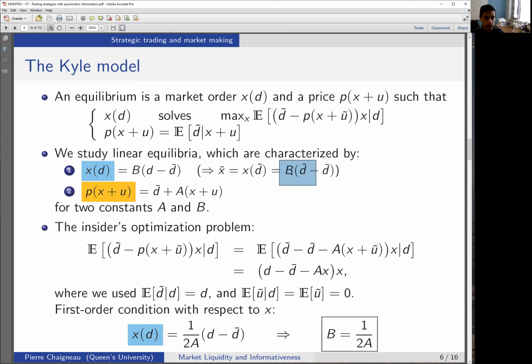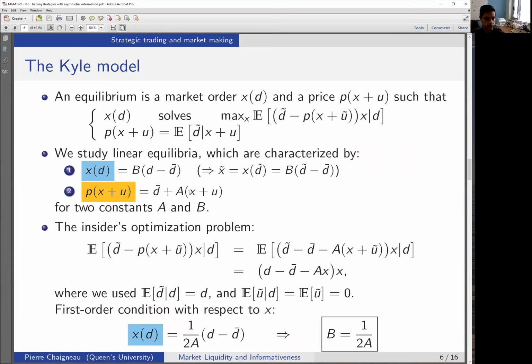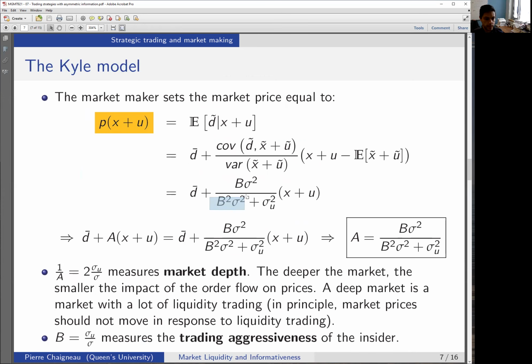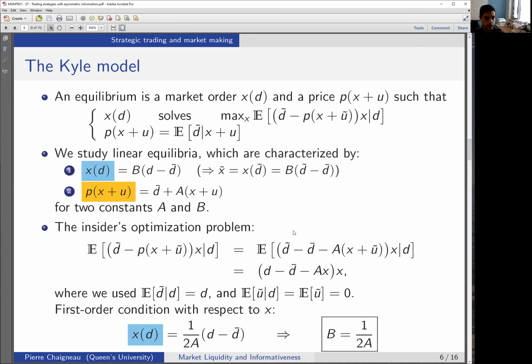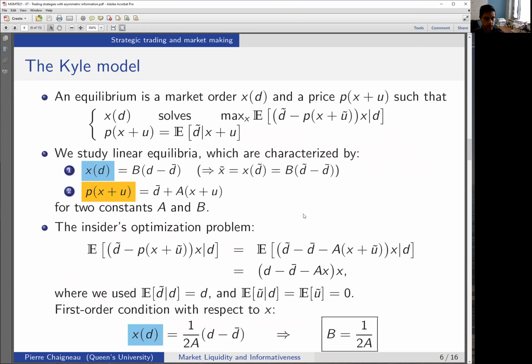That would be B squared times the variance of D tilde, and the variance of D tilde is sigma square right here. That's what we have, plus the variance of U tilde. And by definition, this is sigma U square.